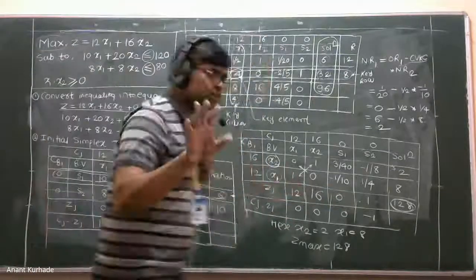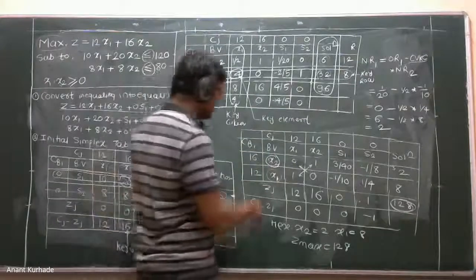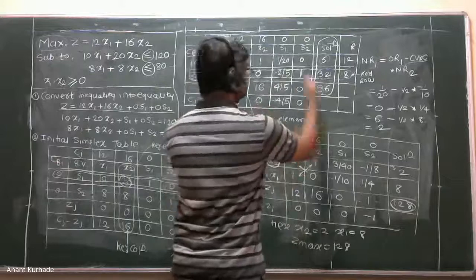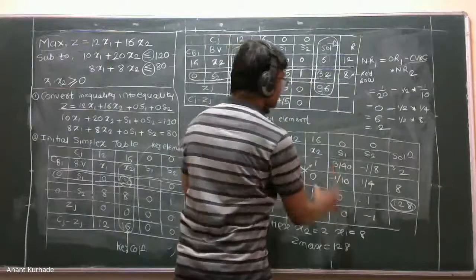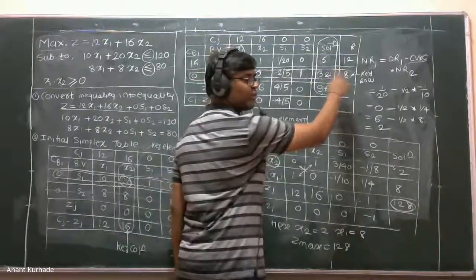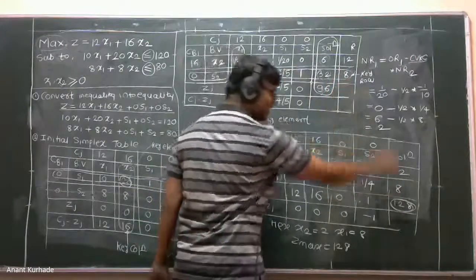If you solve this problem in a calculator, you can easily get the values of x1, x2. See here 8. This is the last row, because we have only 2 rows. So this 8 is as it is here.